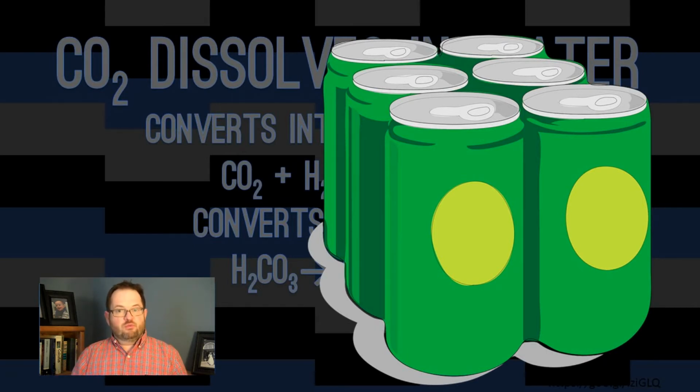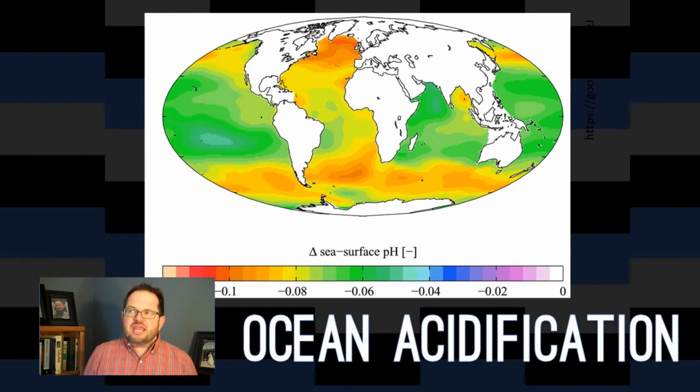But the reason they do it is because when they open the can and release some of the pressure, carbon dioxide starts coming out of the water in the form of little bubbles, which is what everybody likes about soda.